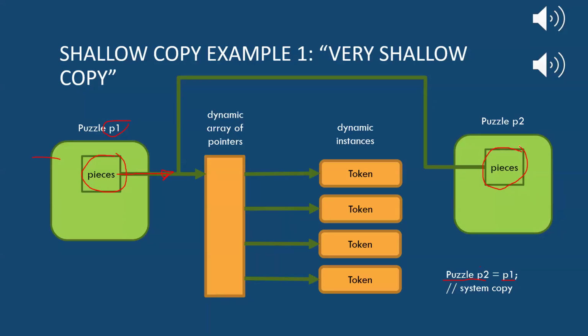So these two aren't really fully separated. This is a very shallow copy. It might be that you want puzzle 1 and puzzle 2 to share the same pieces, but some people might think that a copy means a copy, completely separate. C++ is not going to give you a deep copy.